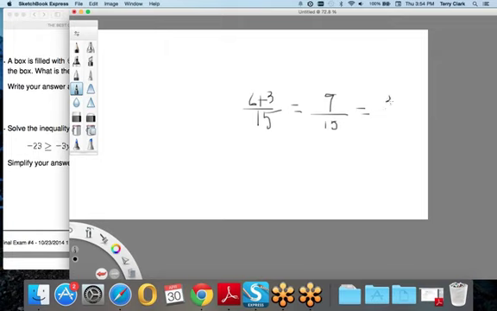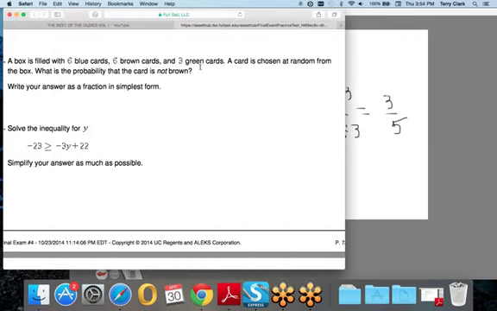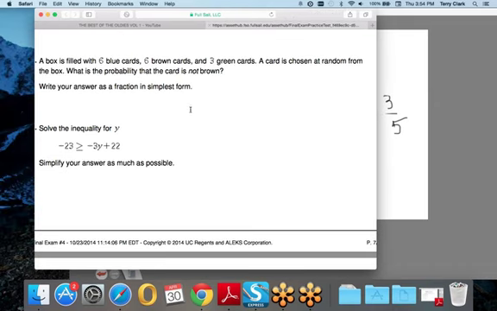We simply divide the 9 by 3, and we divide the 15 by 3. That's simplest form right there.